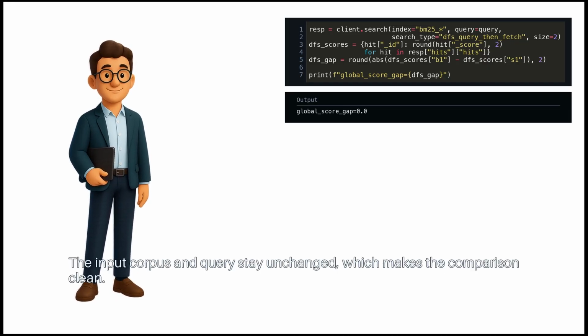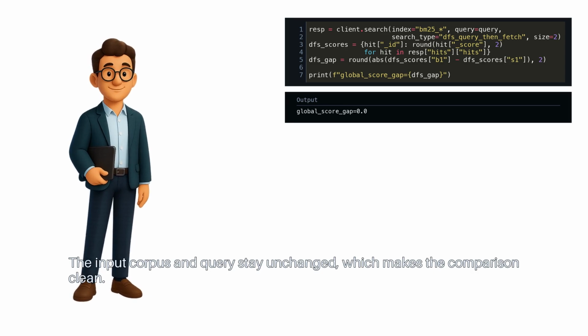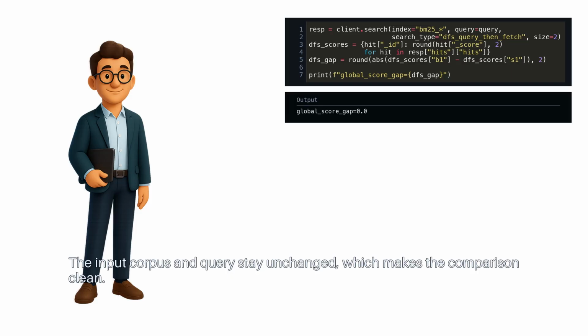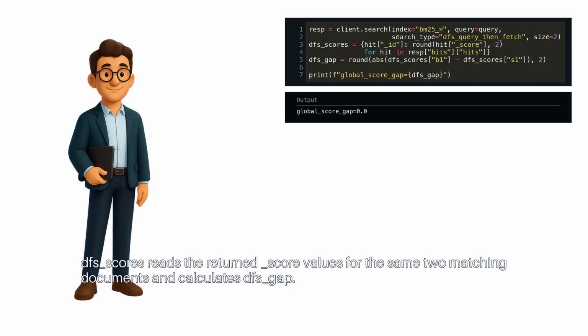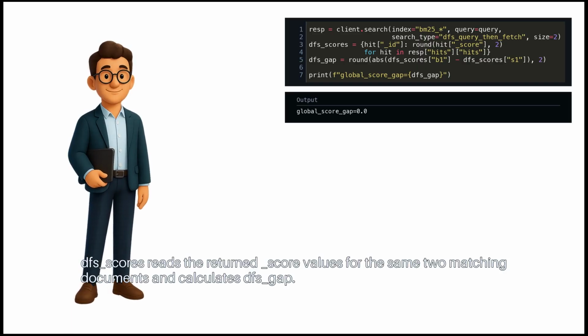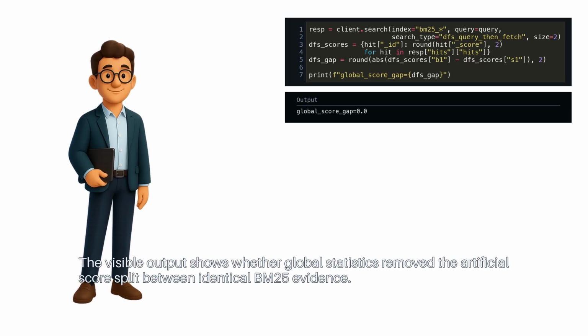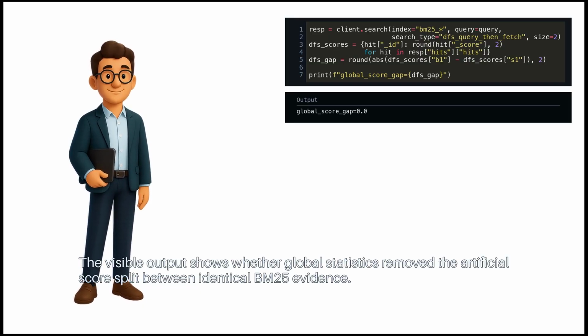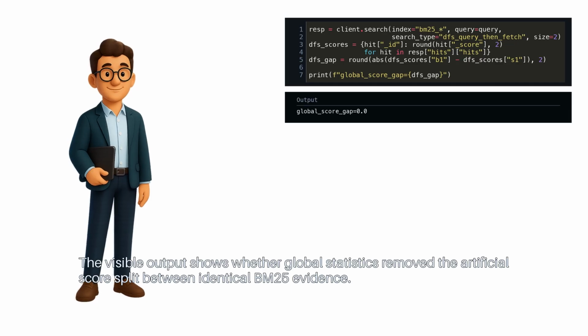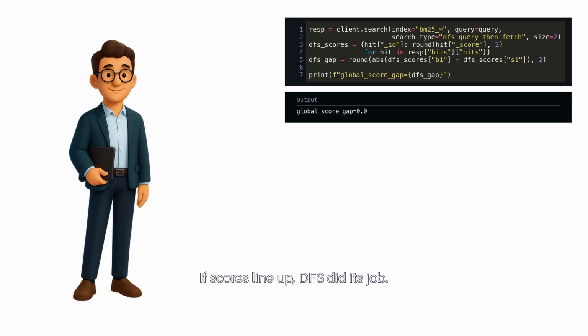The input corpus and query stay unchanged, which makes the comparison clean. DFS scores reads the returned underscore score values for the same two matching documents and calculates DFS gap. The visible output shows whether global statistics removed the artificial score split between identical BM25 evidence. If scores line up, DFS did its job.